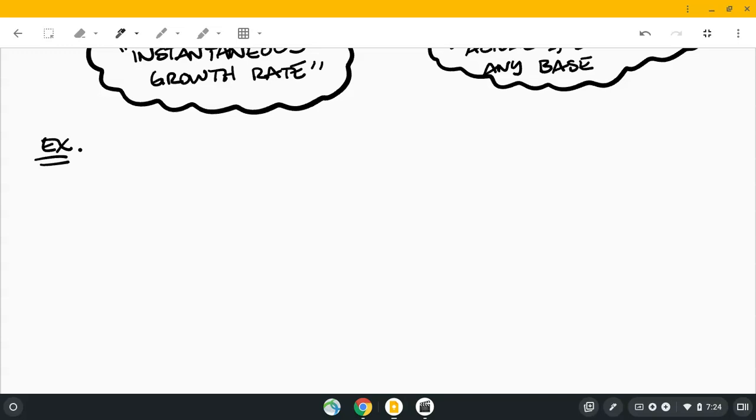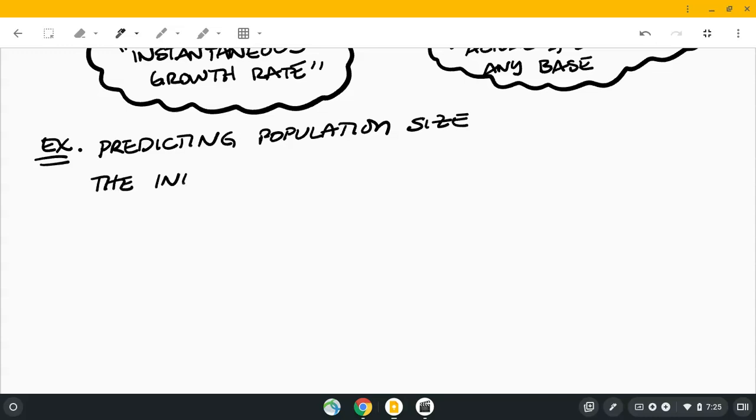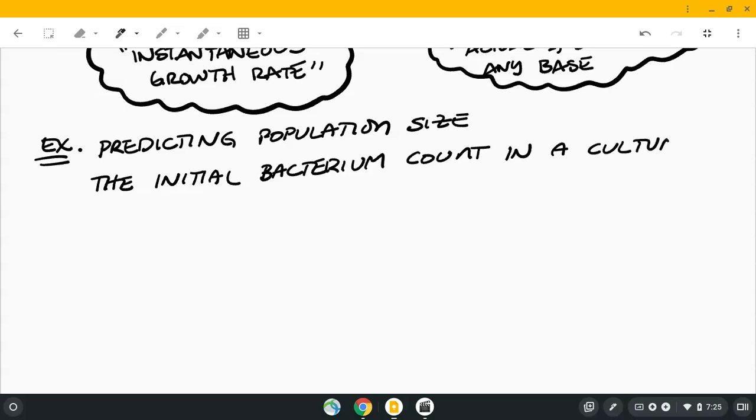All right, so predicting population size. Let's suppose that the initial bacterium count in a culture is 500.